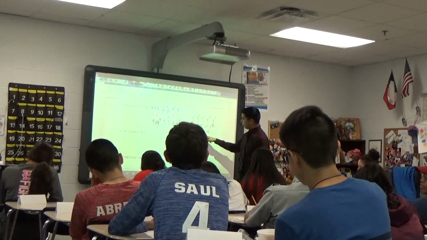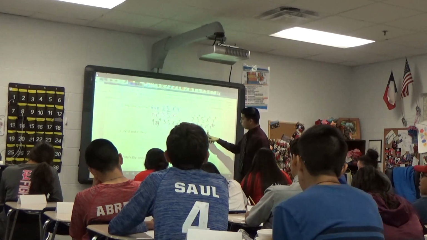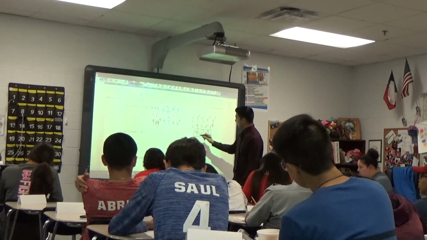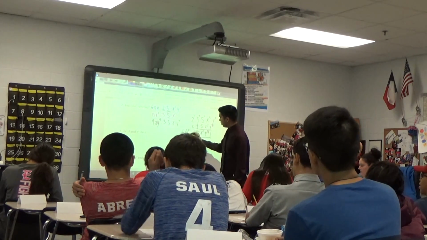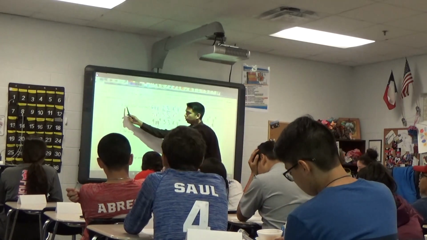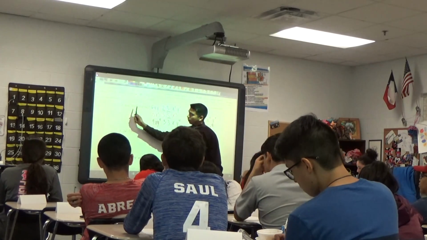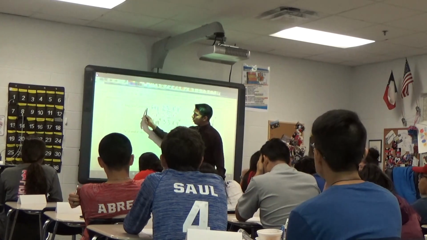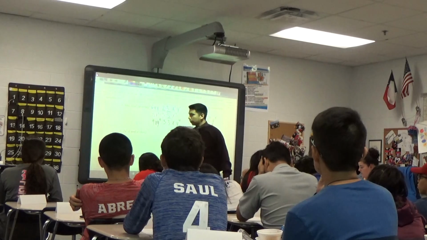But 90x squared y to the fourth is the least common multiple of 6xy, 15x squared, and 9xy to the fourth.